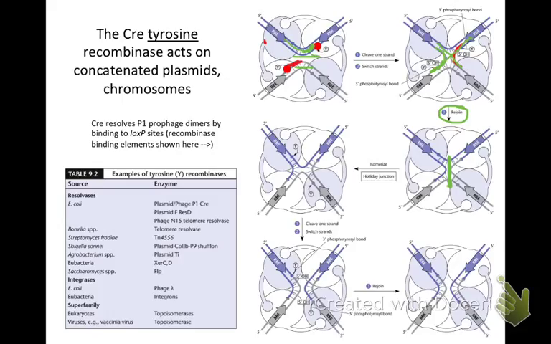So the DNA that was nicked at the top on the purple strand is going to move down here. So it flips down to the other strand where the DNA was cut.